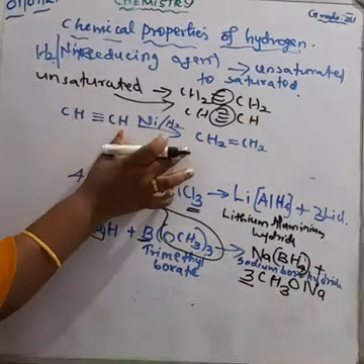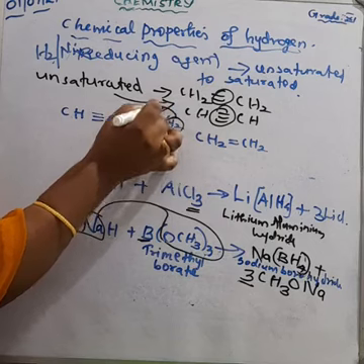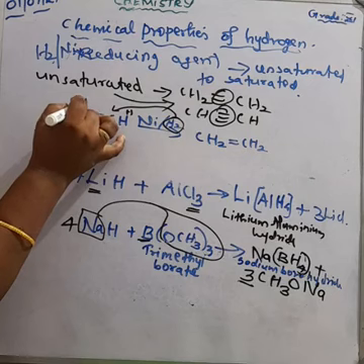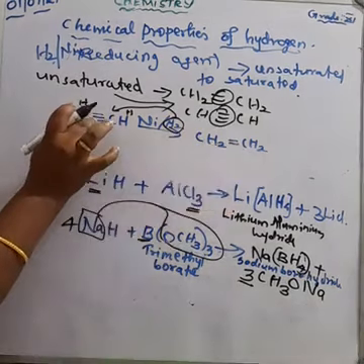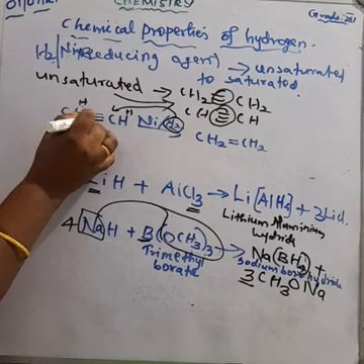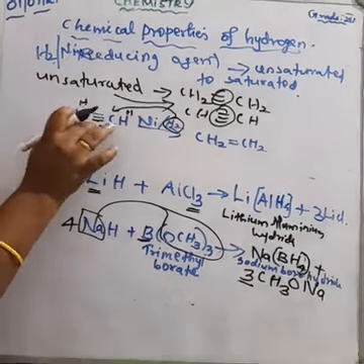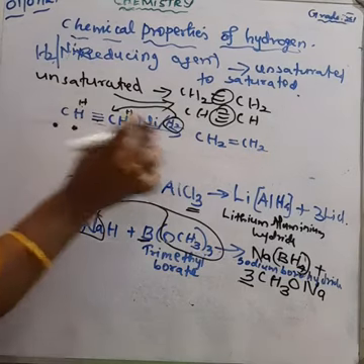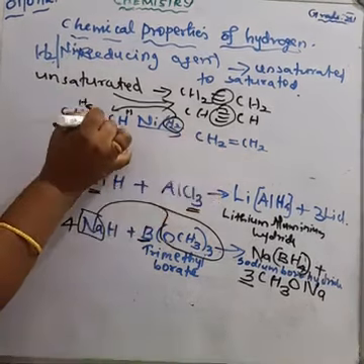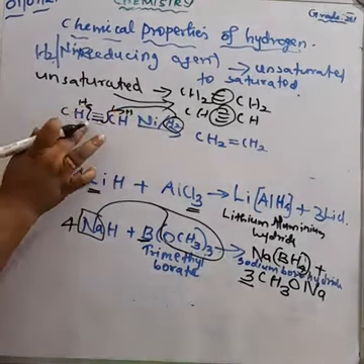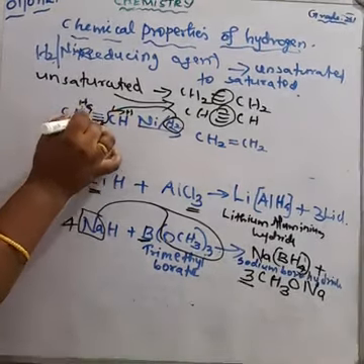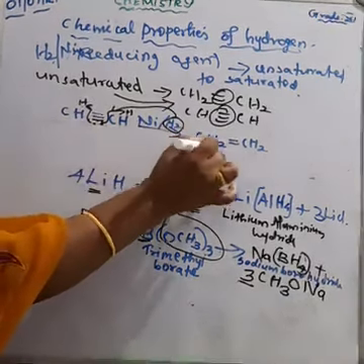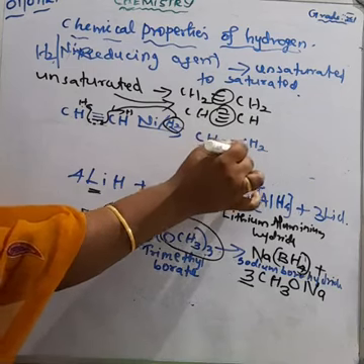These two hydrogen atoms add to the acetylene to form CH2, and one of the triple bonds breaks into a double bond. One bond has two electrons; one electron goes to this hydrogen atom, and the other electron goes to that hydrogen atom. So when acetylene is reduced with nickel and hydrogen, it forms ethylene, CH2 double bond CH2.